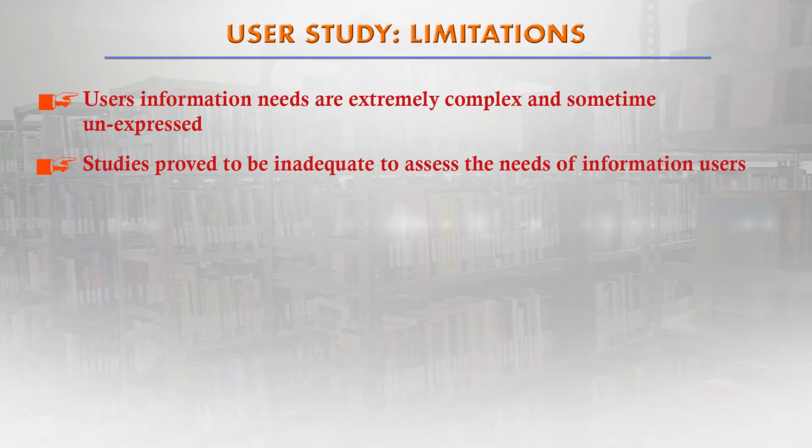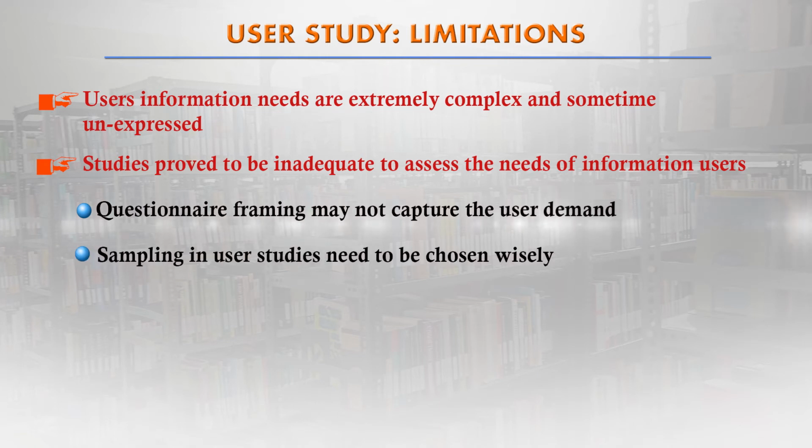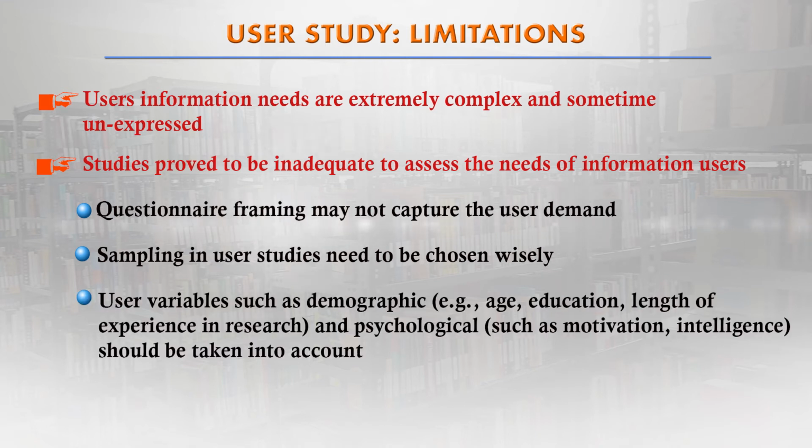Similarly, several studies of user studies proved that they are inadequate because the questionnaire framing was not correct, so that could not capture all the user demand or feedback. Similarly, sampling was wrong, not chosen in a scientific way. User variables such as demographic and psychological variables matter, because psychological variables mean some users have different intelligence levels.